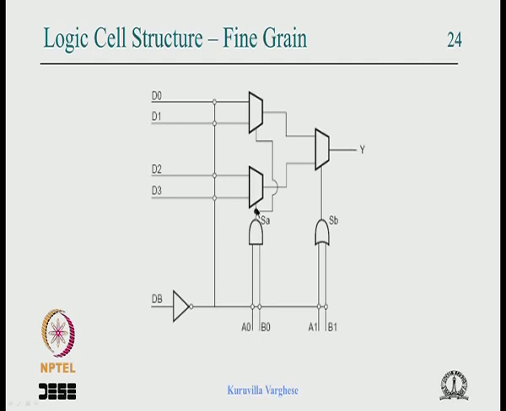Say you connect a variable A here, B here, then the lines represent A bar B bar, A bar B, AB bar, and AB. Depending on whether you want an AB bar or A bar B, say you choose 0 1 1 0, then you get that implementation. It's a very simple 2-variable case, with an AND gate with 2 inputs and an OR gate with 2 inputs.